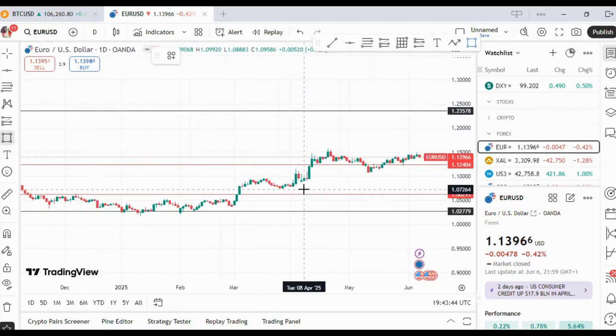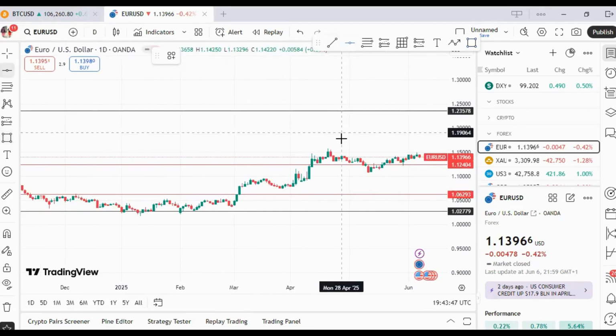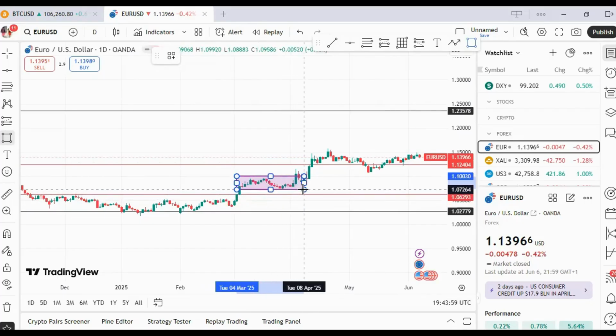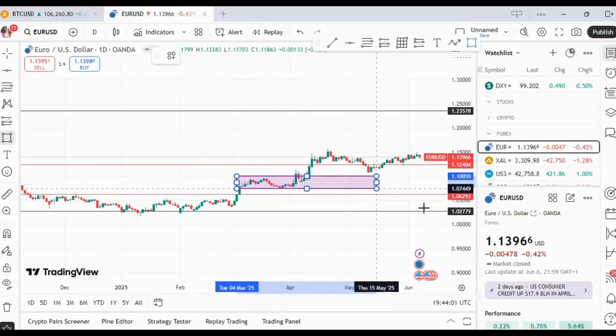Okay, for our daily, I like here. I would like to use this place. I like here and I like here. So I'll come and do something like this. For me, because it's small, I might want to do something like this box. But yeah, you can also use your lines.